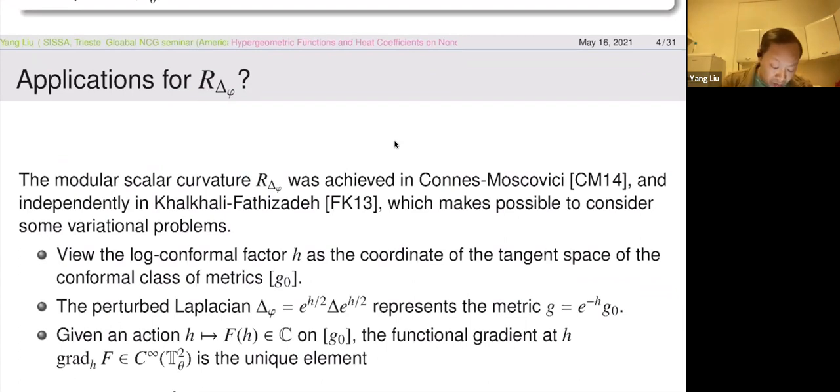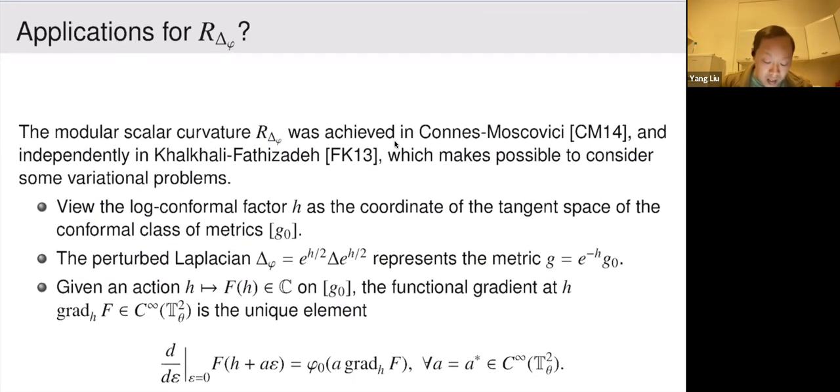On the other hand, I think Lesch and Moscovici, and Fathizadeh and Khalkhali, did an independent computation. I think they even used different computer software to compute this modular curvature, and the result, of course, agrees. So that's the first validation for the full formula of this modular scalar curvature.